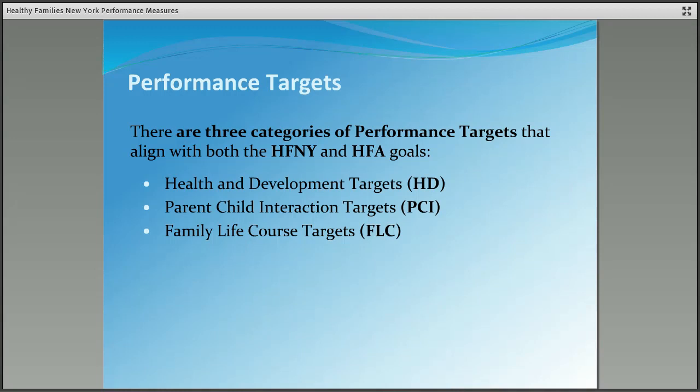The 21 performance targets have 3 categories that align with goals set by Healthy Families New York and Healthy Families America. These are Health and Development Targets, HD, Parent-Child Interaction Targets, PCIs, and Family Life Course Targets, FLC.